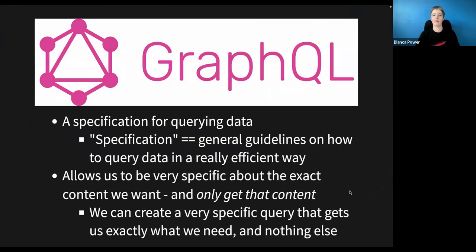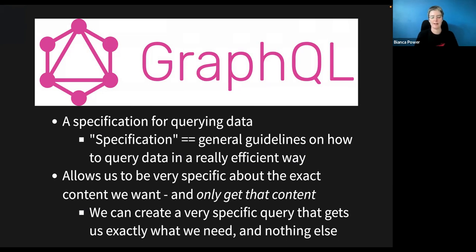And talk very briefly about GraphQL. This is the GraphQL meetup, and this talk in particular is very much aimed at people who are fairly new to GraphQL. So for anyone who's worked with it before, these are going to be things that you already know. But GraphQL is called a specification for querying data. So what's a specification?